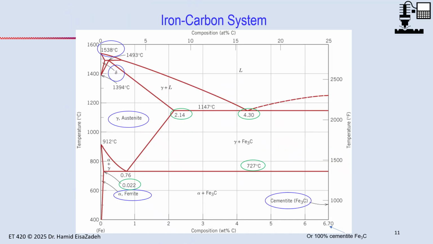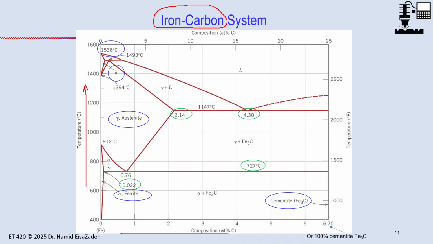This is a phase diagram for iron carbon, and as you see we have the composition here, and this axis is temperature, right?